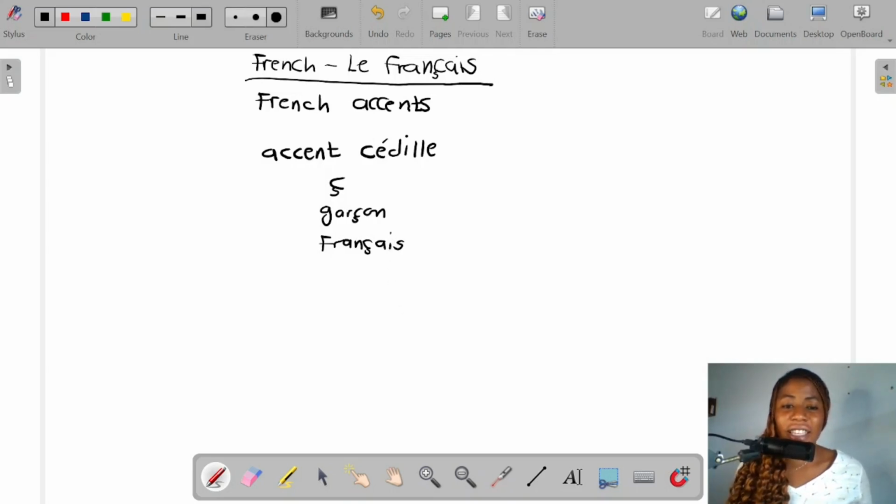You can see the accent attached to the letter C in these words.